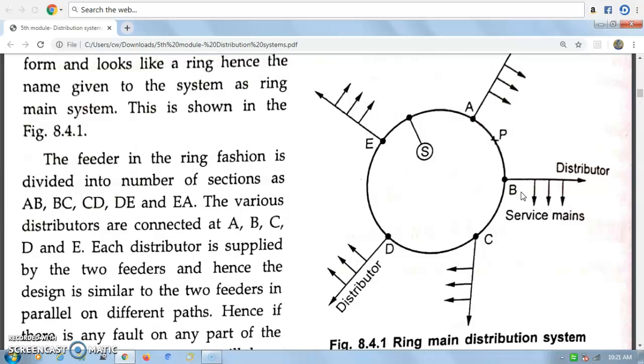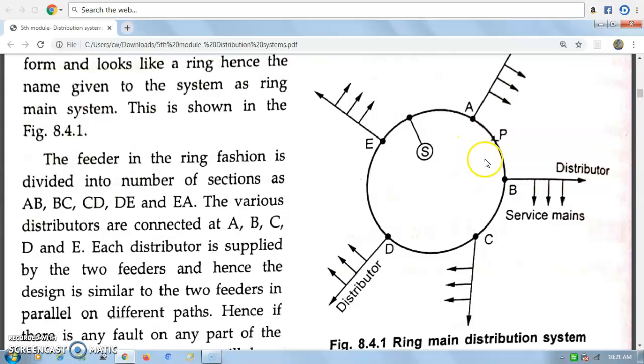Take for example a fault occurring at point P in the AB section of the feeder. Still the consumer will get the supply from the AE section and also the BC section.